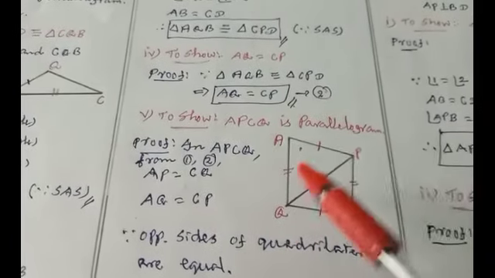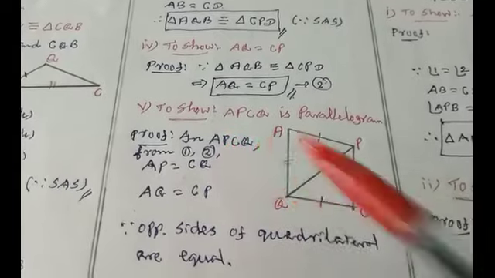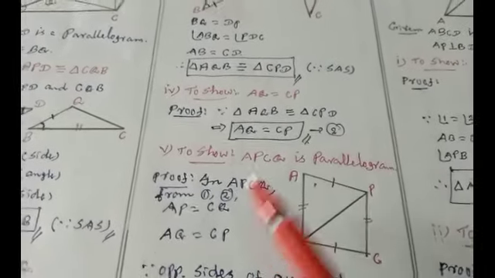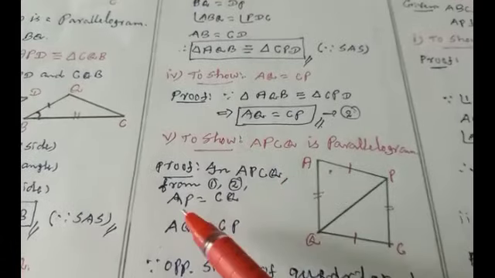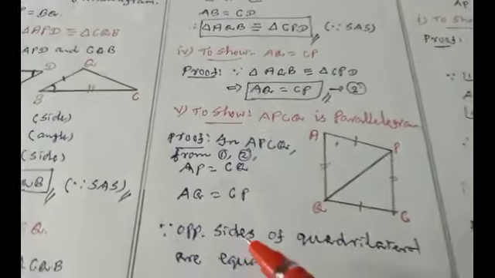Now in the quadrilateral APCQ, we have to consider APCQ alone. So this is the diagram I have extracted. From 1 and 2, equation 1 is here and equation 2 is here. From 1 and 2 we can say AP is equal to CQ and AQ is equal to CP.